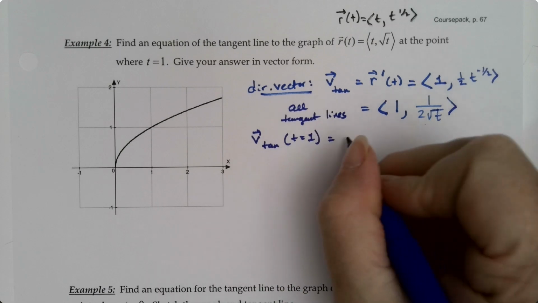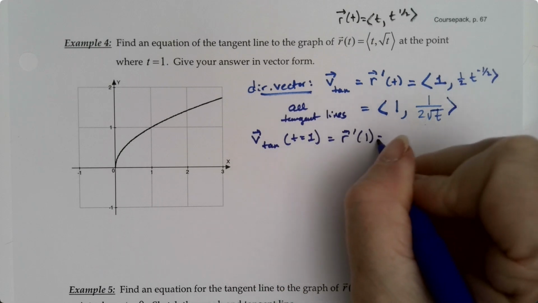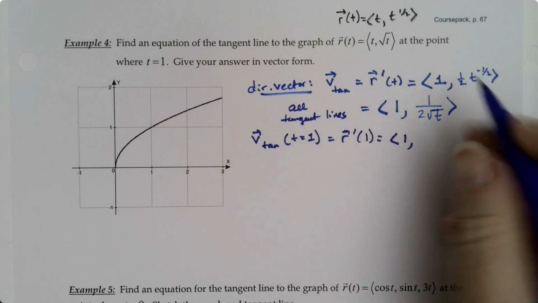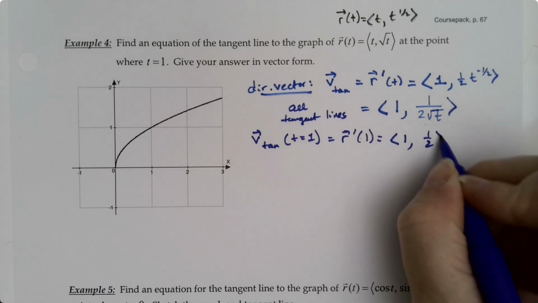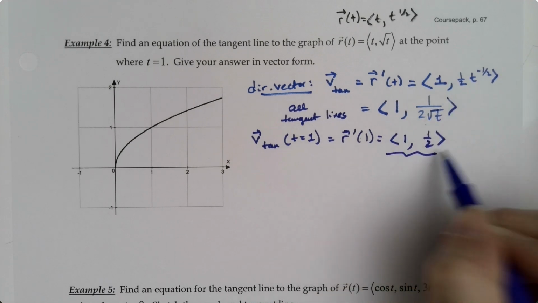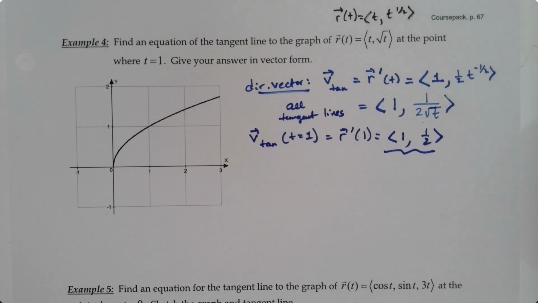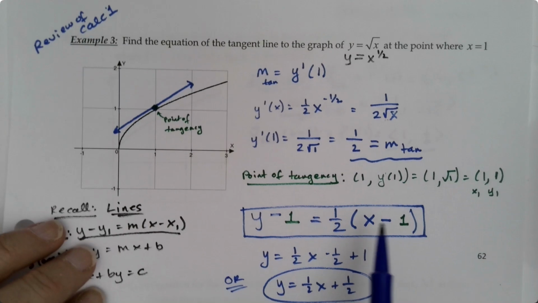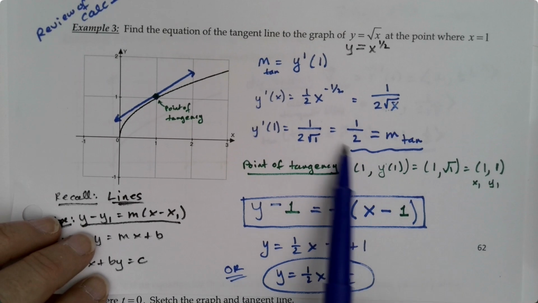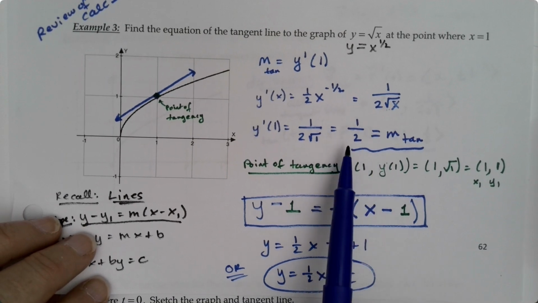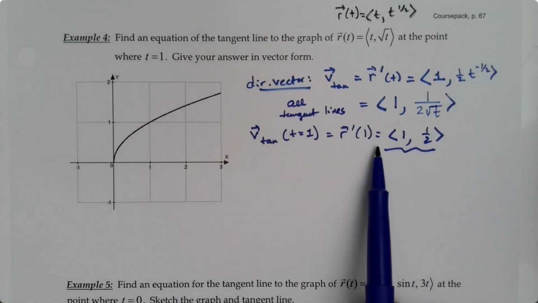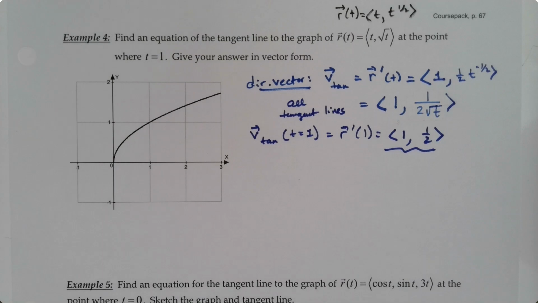So that would be r prime at 1, which is 1 and then 1/2. Looking familiar, right? Because 1 comma 1/2 is the direction vector, rise over run. You got your rise, you got your run. They're not the same thing, but they're related.